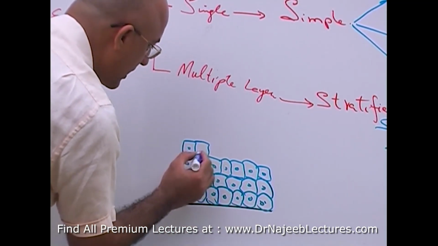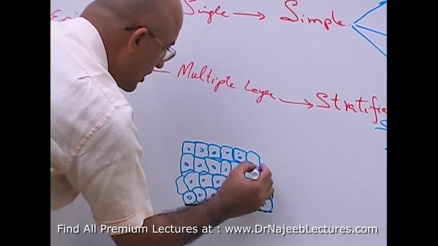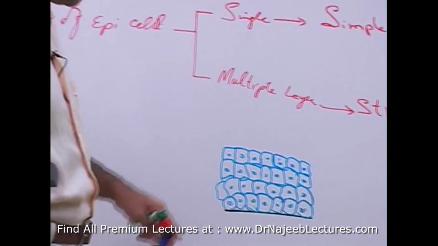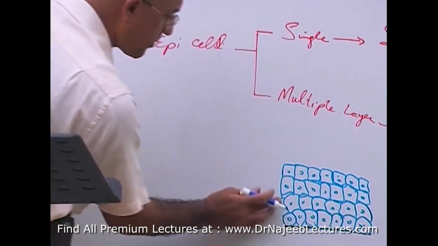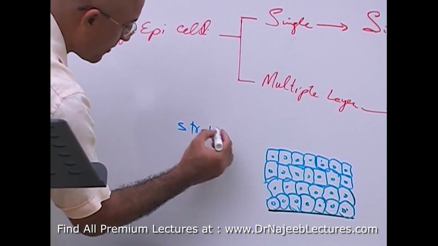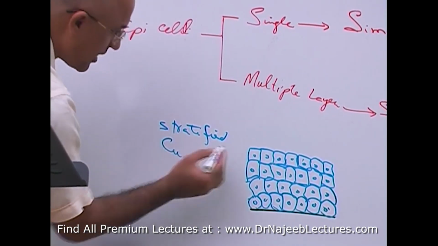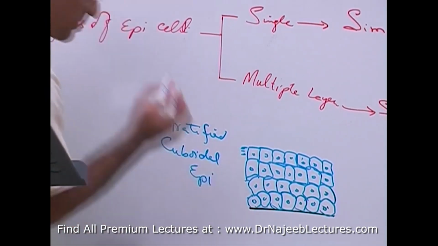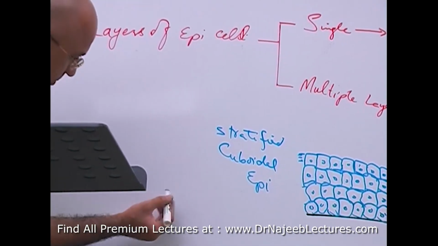Yes, these are cuboidal cells, and because all cells are not resting on the basement membrane and it is multi-layered, it is stratified epithelium, and as the top layer is cuboidal, what will we call this type of epithelium? Yes, stratified, very good. Stratified cuboidal epithelium, because you have to look at the top. Is that right?